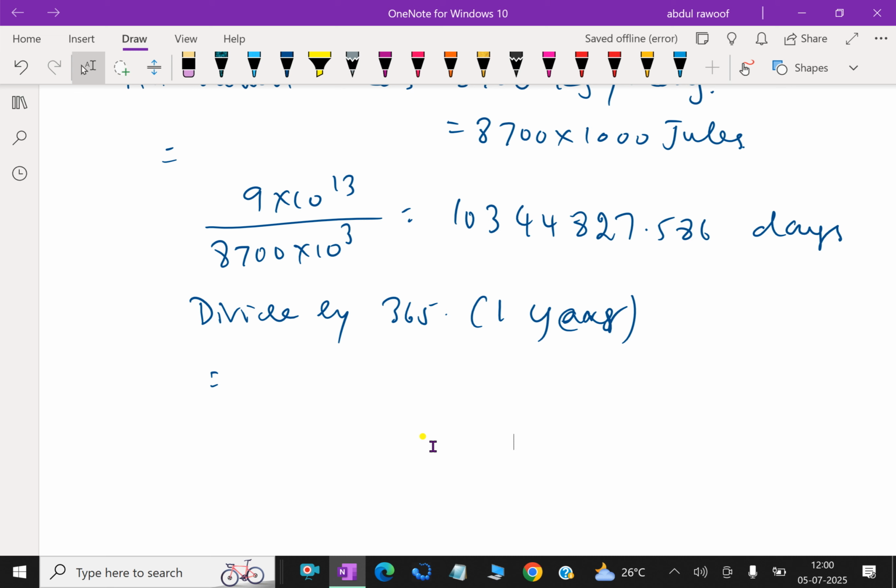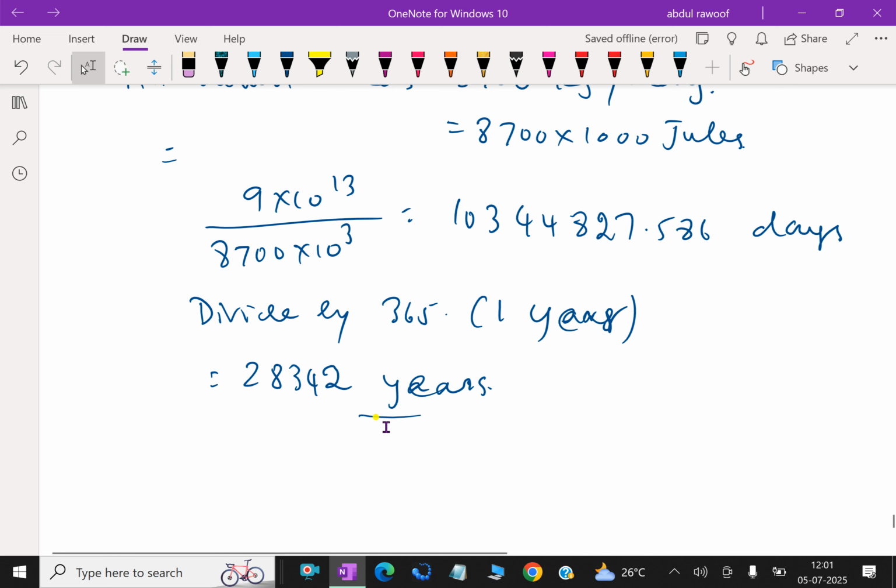How much does it come to? 28,342 years. That is how much time that 1 gram can be used as an energy supplier.